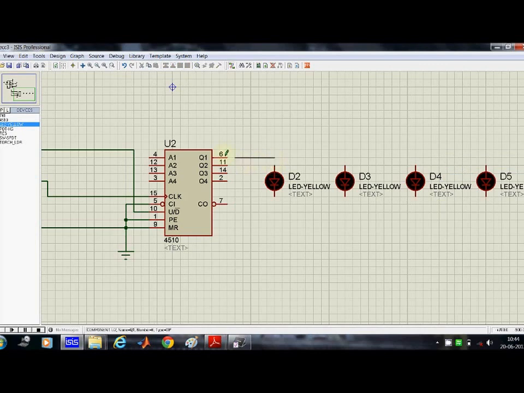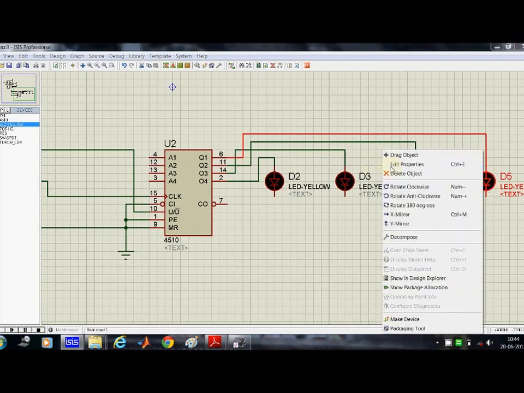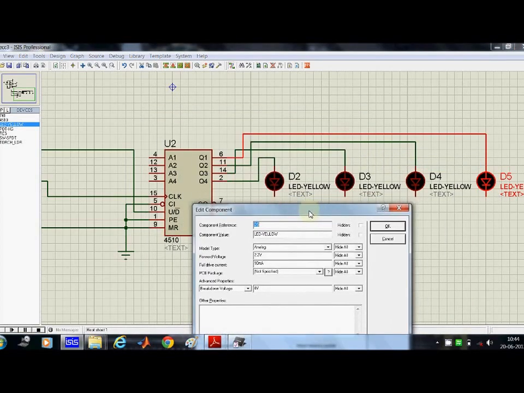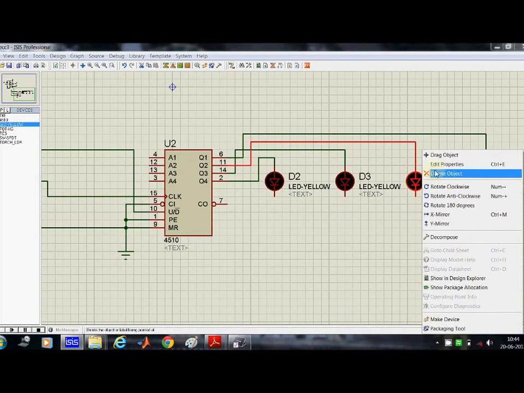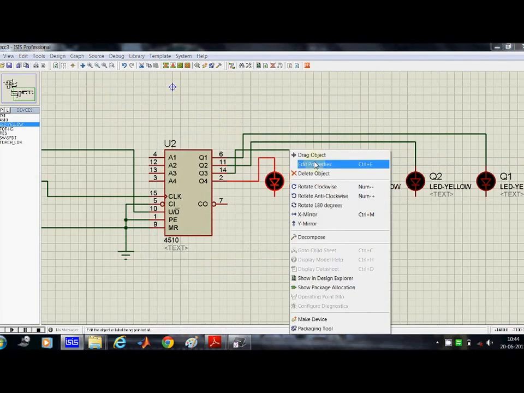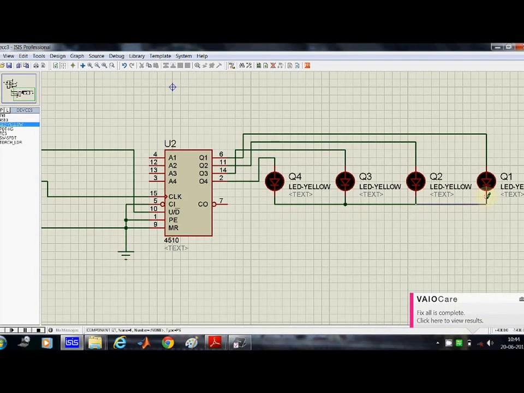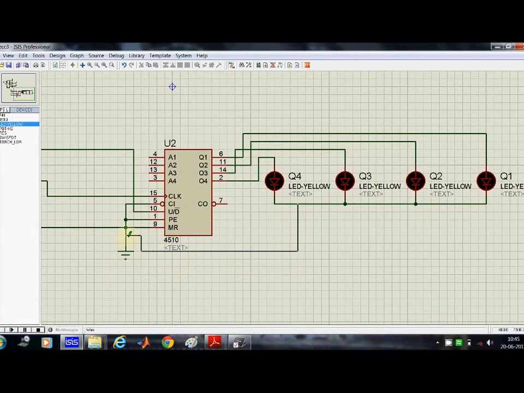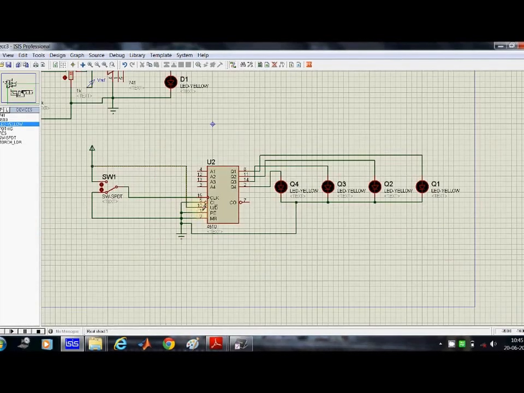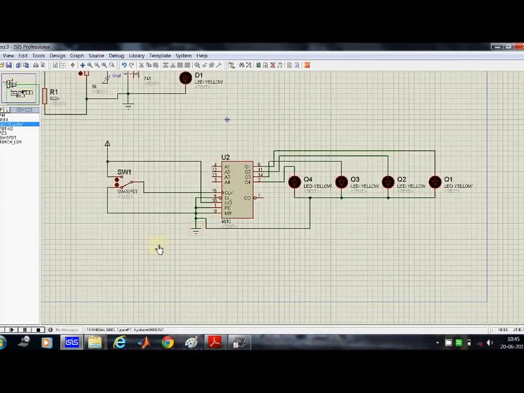I'll consider this as the most significant bit, and this is the least significant bit. I'll name it as it is given there, it is connected to Q1, so its name is Q1. Now we need to give a common ground to all. So we are ready for the simulation.